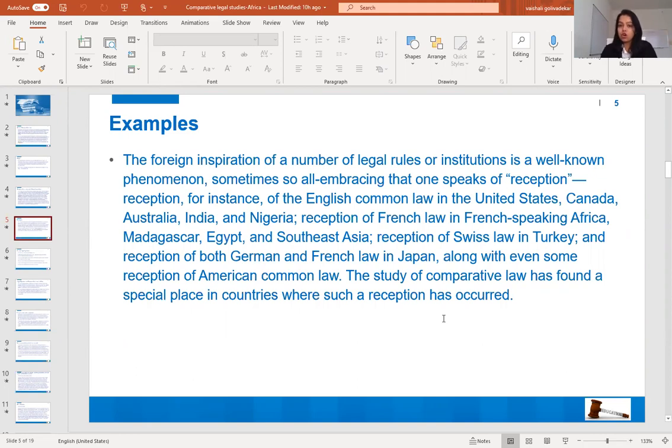French law is still compared with in which countries? French-speaking Africa, Madagascar, Egypt, and Southeast Asia. Then Swiss law is still compared with in Turkey. And German and French law is still referred to in Japan as comparative law. So see, there are so many examples which you can gather from current legal systems.